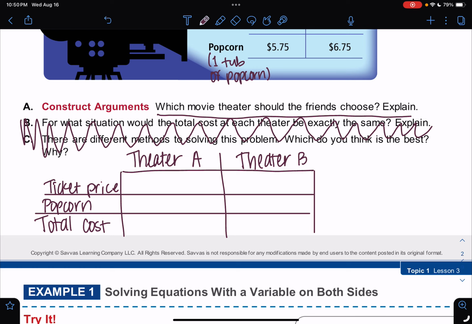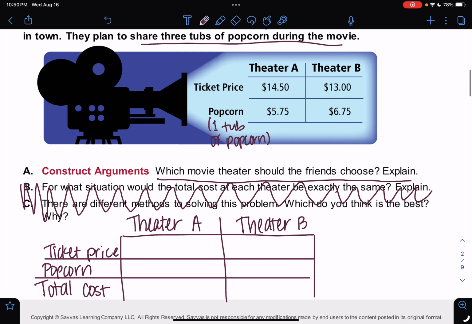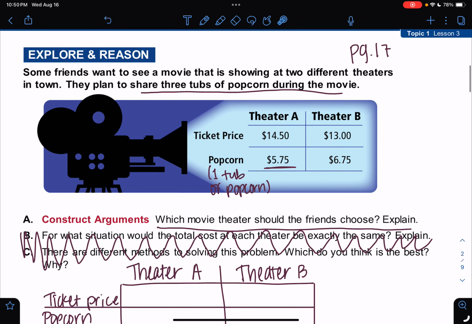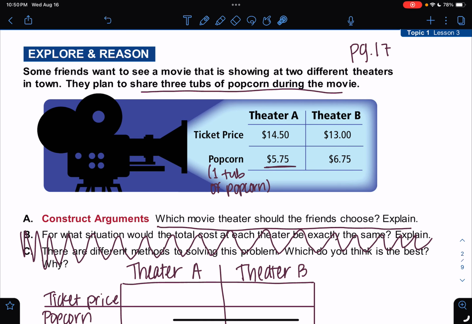Theater A charges $5.75 for 1 bucket of popcorn. But the friends plan to share 3 tubs of popcorn. If we know what 1 is, we find what 3 is just by multiplying that amount by 3, and we do that for theater B as well.